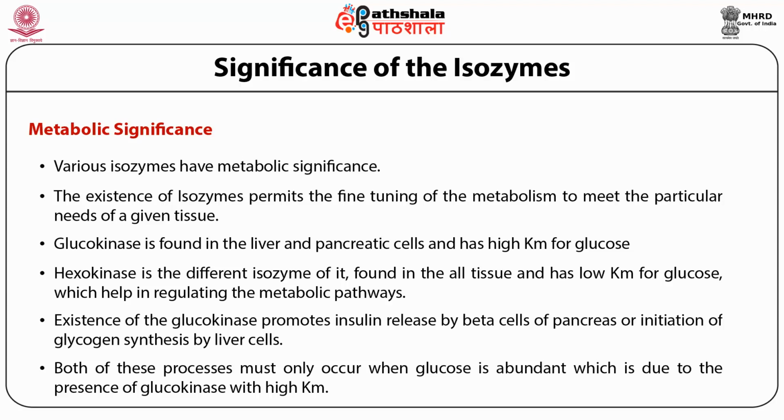If glucokinase is not present in those cells, then synthesis of glycogen and release of pancreatic insulin doesn't take place. Therefore, the existence of isozymes basically helps the metabolic pathways and fine tuning of metabolism.